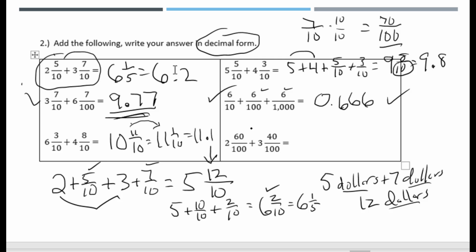This one here, I want you to think about it, but this is the answer. 6. 60 plus 40 is 100. 3 plus 2 is 5. 60 plus 40 is 100 over 100. 5 plus 1 is 6.